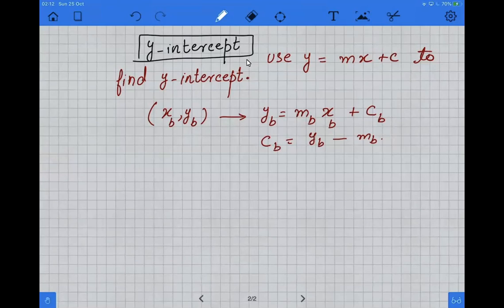So c best will be y best minus m best x best. So this will give you the y-intercept of best fit line.